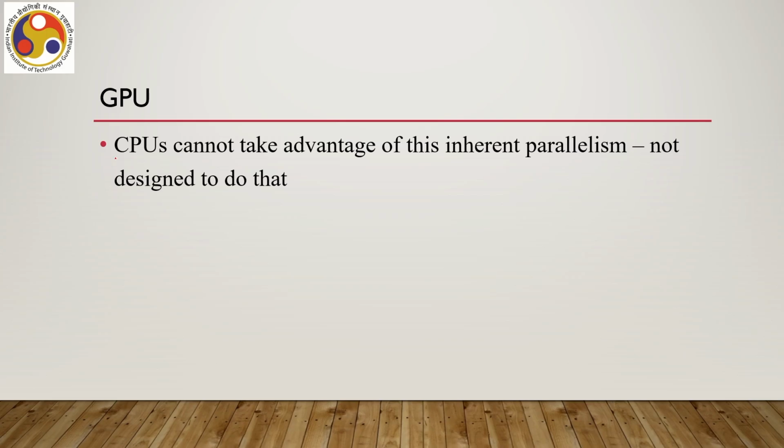Now, CPUs generally cannot take advantage of this inherent parallelism. Traditionally, the way CPUs used to be made, they are not designed to do that. Of course, modern CPUs come with some such features, but they are traditionally not very good in taking care of large scale parallel activities.